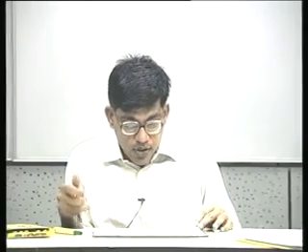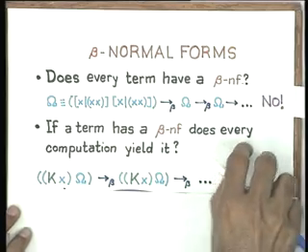If the lambda calculus is really trying to give you a fundamental picture of computation, then does every computation of a term which has a beta normal form give you the same beta normal form? And for this again the answer is no.